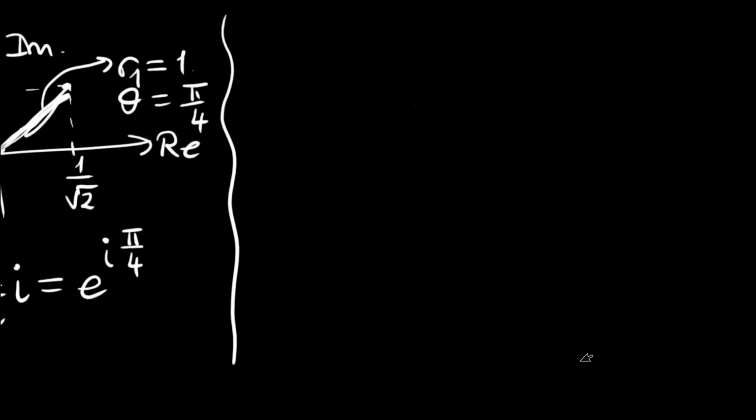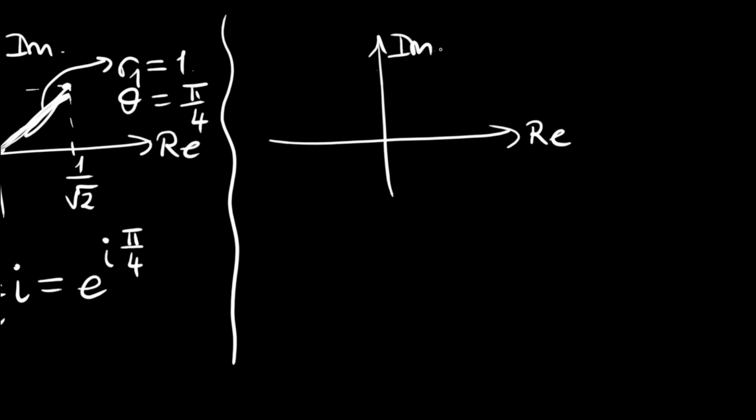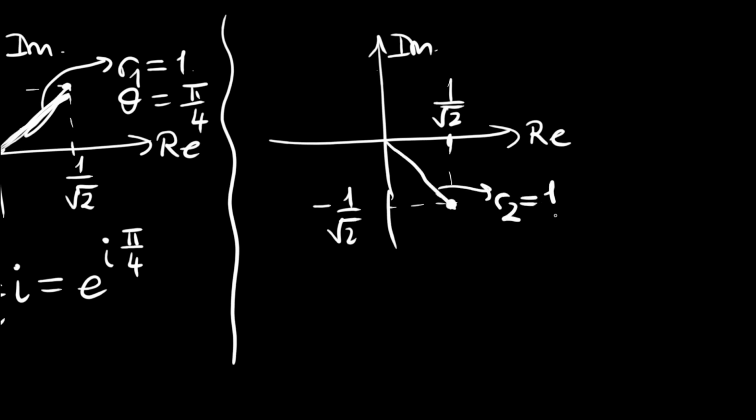And the other one, again on the complex plane, is (1/√2, −1/√2) here. And the length is again 1. Just the angle is different. r2 is again 1.